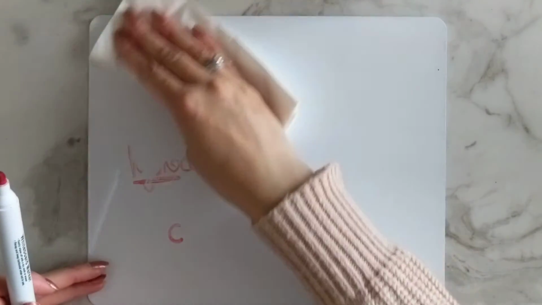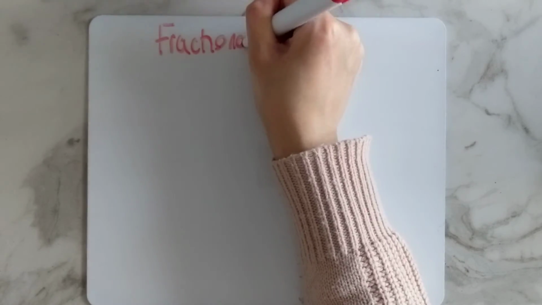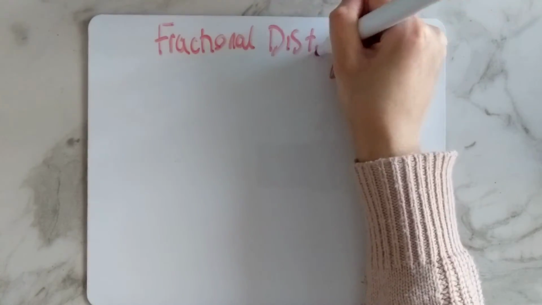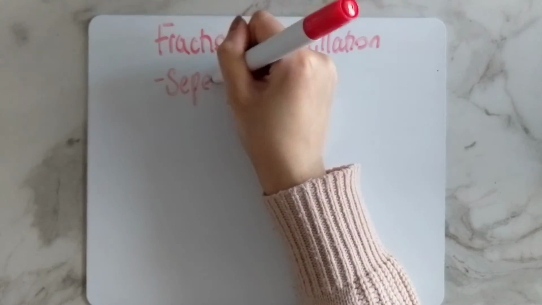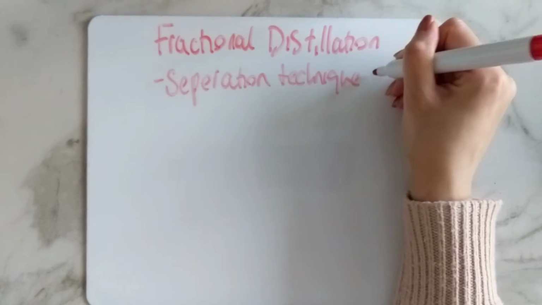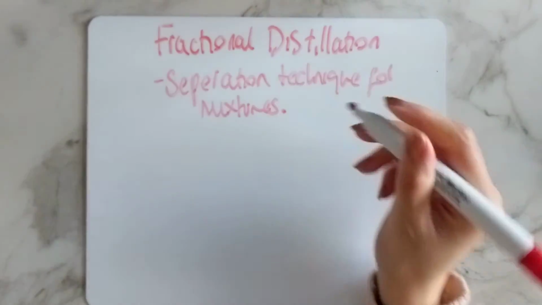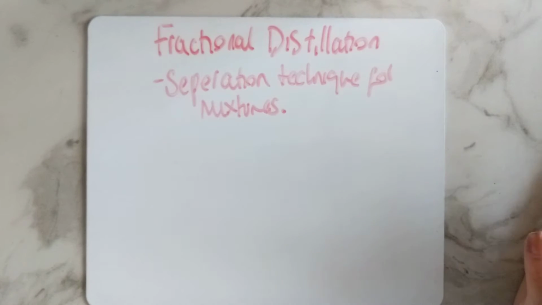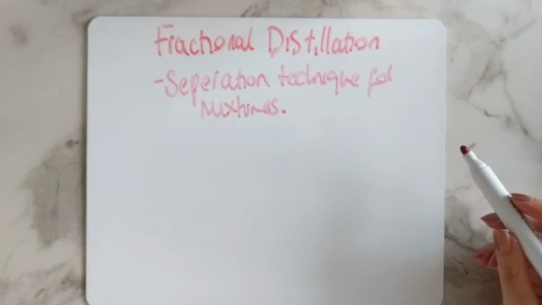Right, so fractional distillation. Fractional distillation is a separation technique for mixtures. Remember, mixtures are not chemically bonded together and can be separated, and fractional distillation is one way we can separate out crude oil.